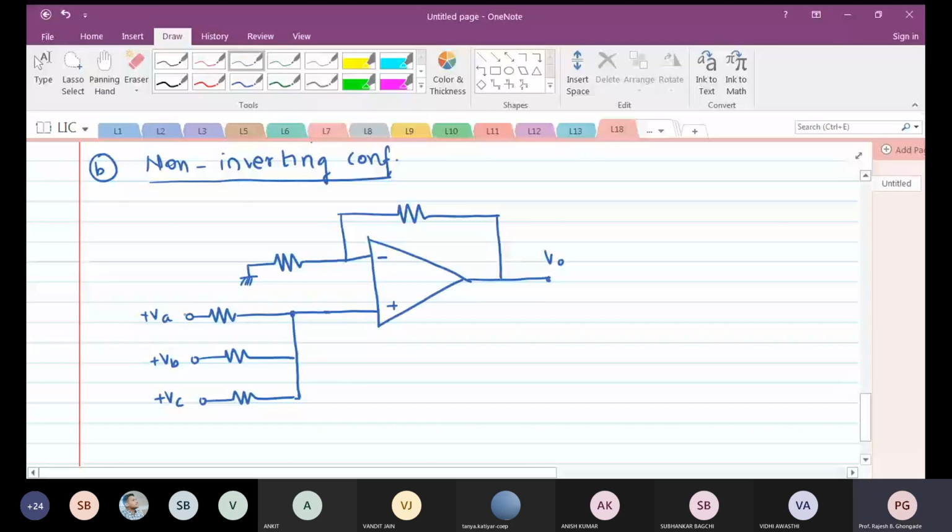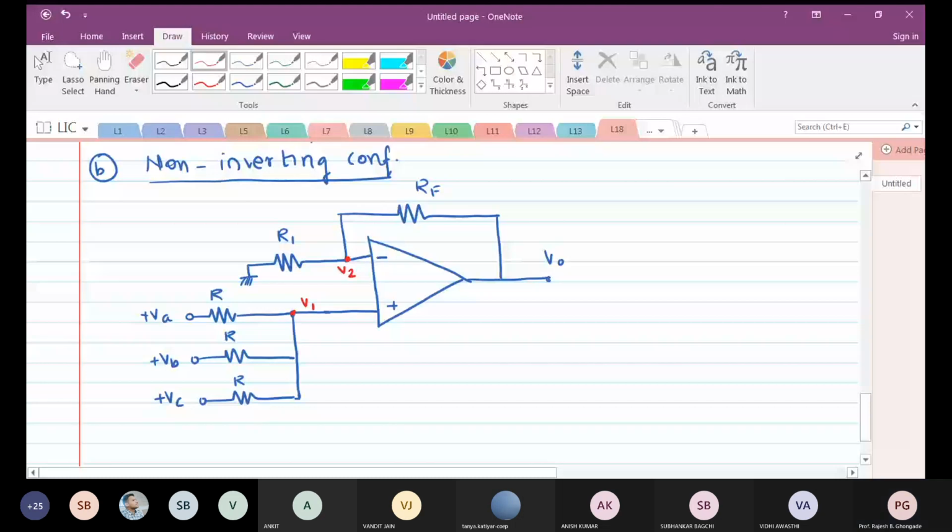Now for the sake of simplicity, what I'm going to do is make these resistors equal. This is going to be R1, this is going to be RF. Again, call this node V1, call this node V2.